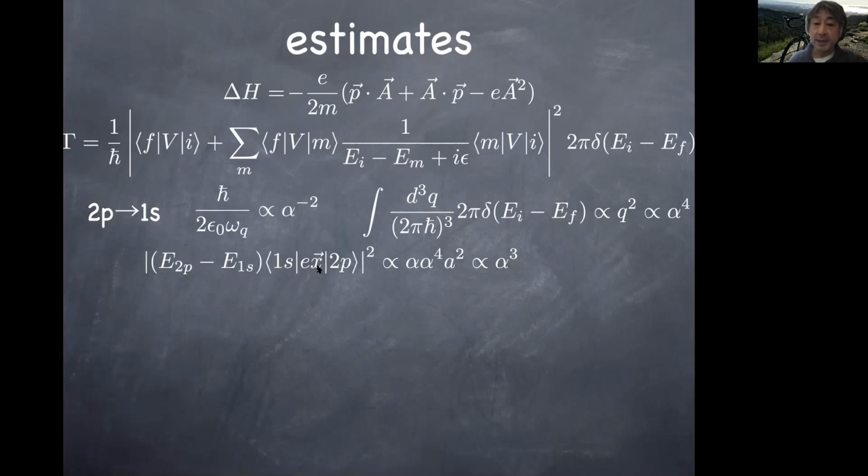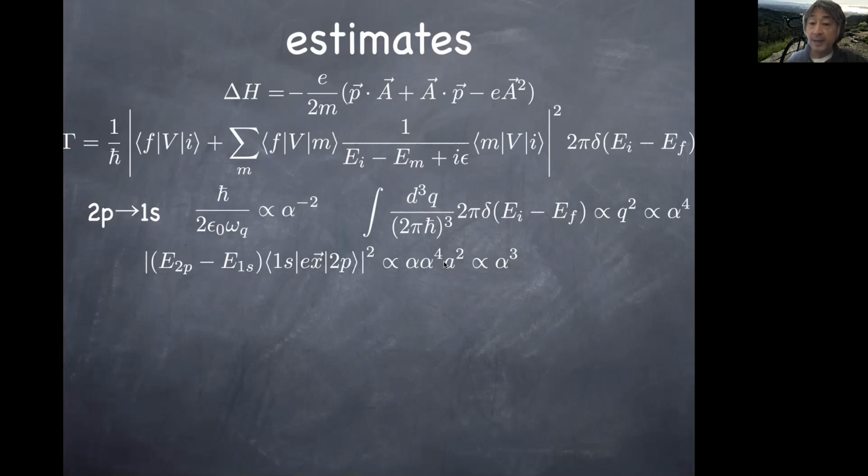The Bohr radius is like 1 over alpha. And so this is Bohr radius squared because you're taking the square of this matrix element. The energy difference is of the order of alpha squared. So that squares to alpha to the 4th. And there is yet another factor of alpha because there is an E in here. E squared over epsilon naught is alpha.